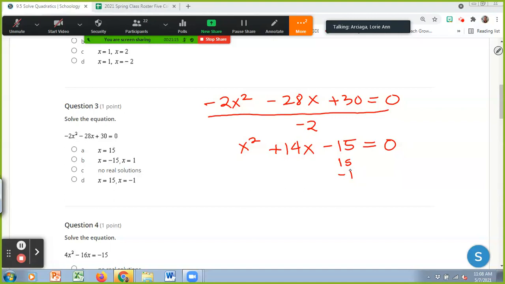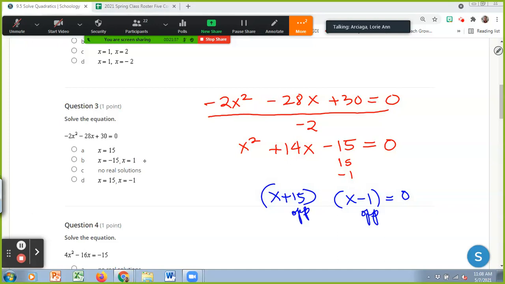Remember, to find the solutions, just get their opposite. You're pretty much done because it's going to become x plus 15 and x minus 1 equals 0. All you need to do is get the opposite.